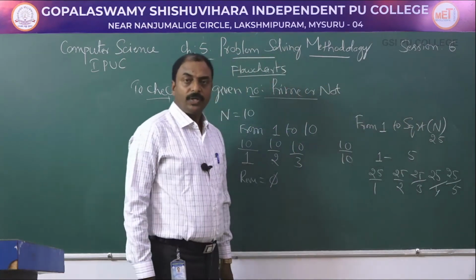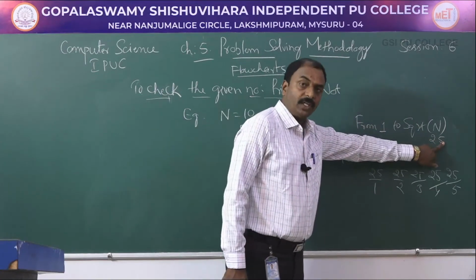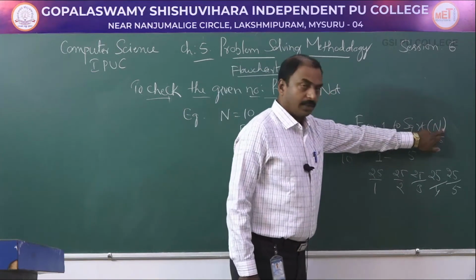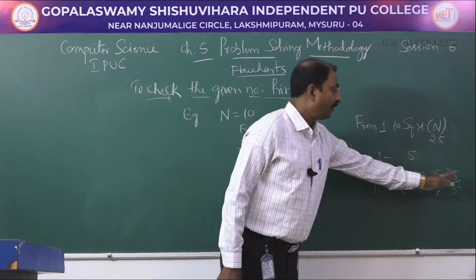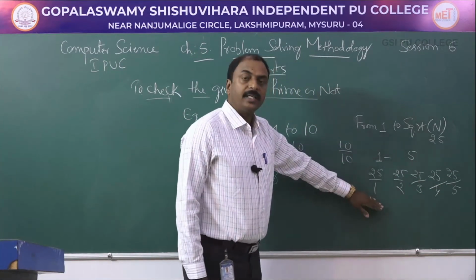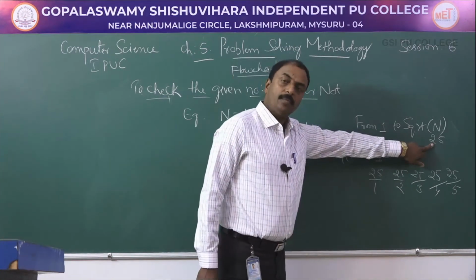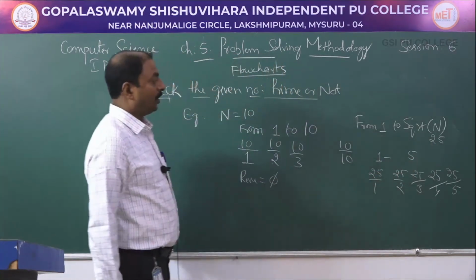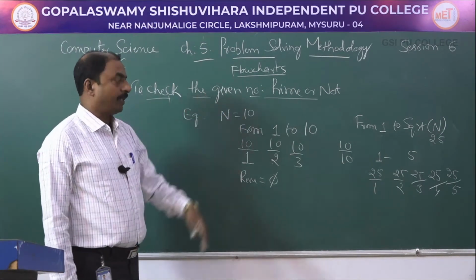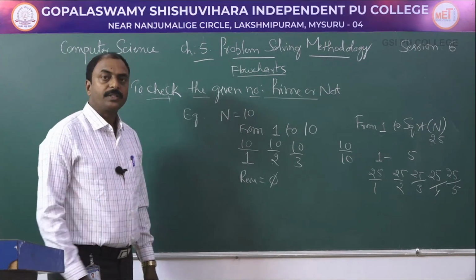So instead of dividing from 1 to 25, it is sufficient to divide up to the square root of the given number. So here there are 5 divisions. In any division, if we get remainder 0, then the given number is not a prime number. This is the logic to write a flowchart to check whether the given number is prime or not. Now let us draw the flowchart for the same.